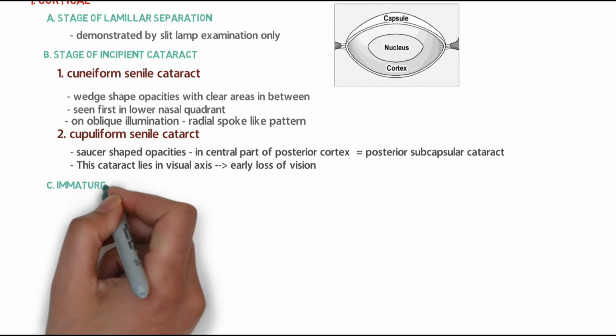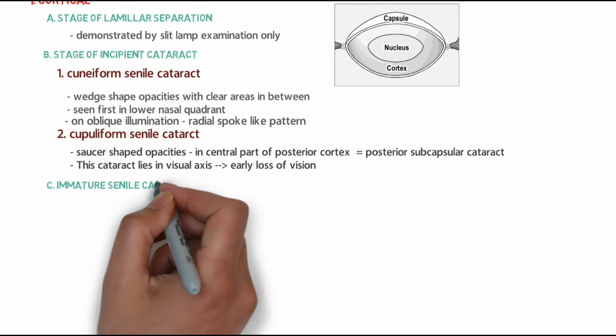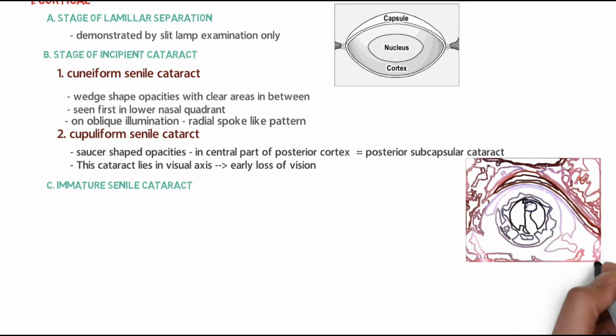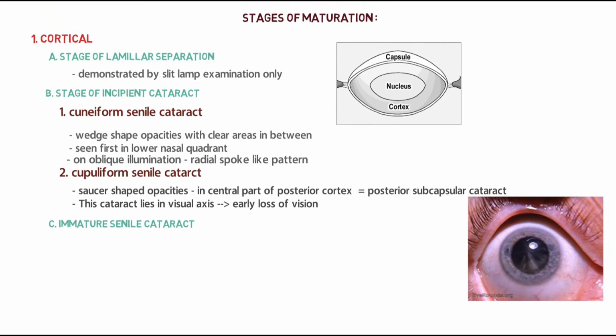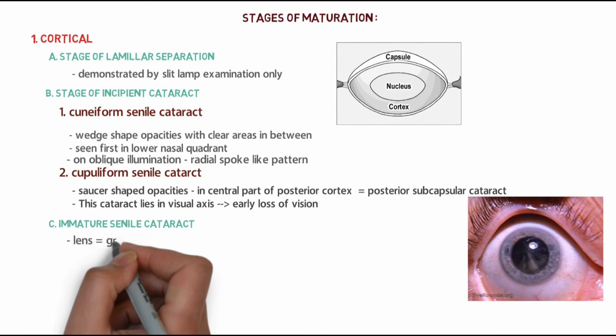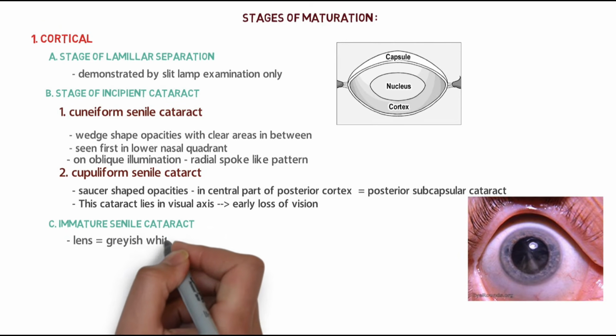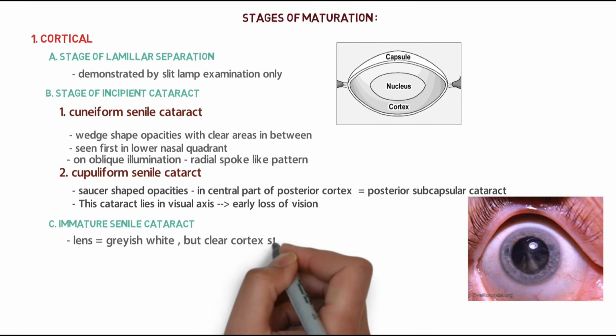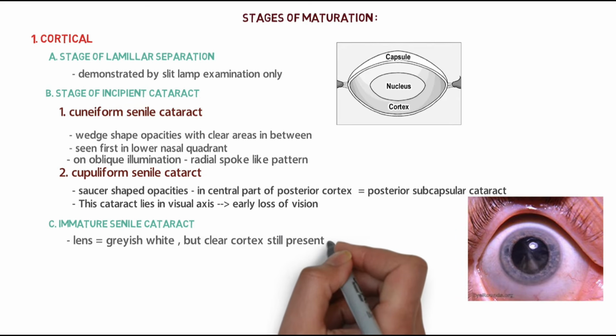Now the third stage, immature senile cataract. In immature senile cataract, the opacity progresses further and the lens becomes grayish white, but clear cortex is still present, and that's why the iris shadow can be seen.